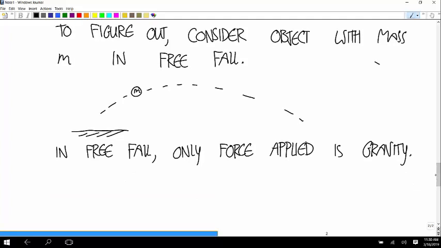And so Newton's second law says that if you add up all the forces applied to that object, it's equal to the mass times the acceleration.